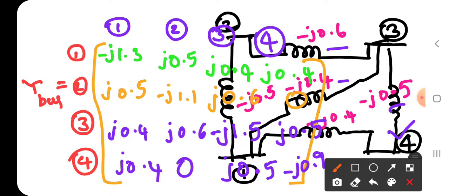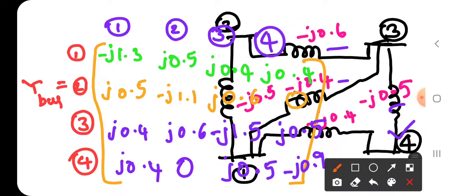Yes, okay. And moreover, what are the properties of the Y bus matrix? From this matrix, what can you observe?